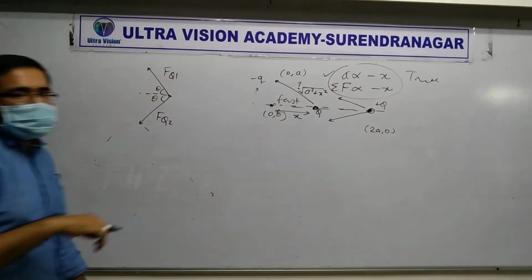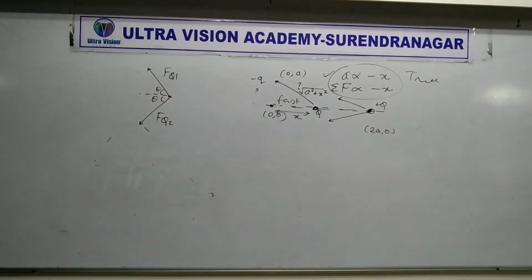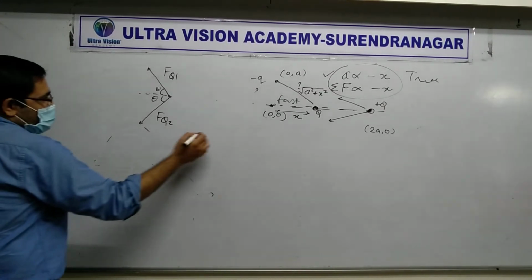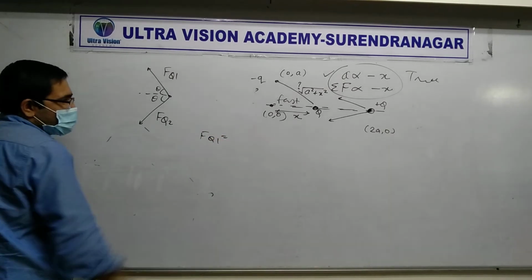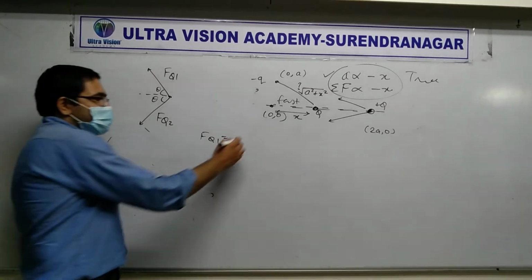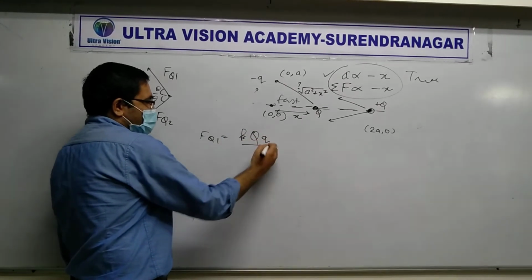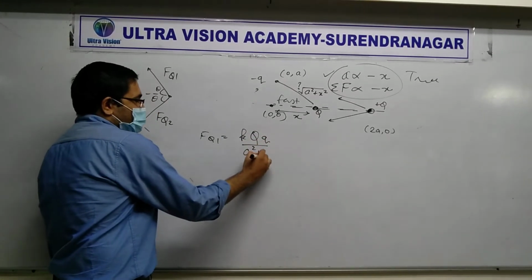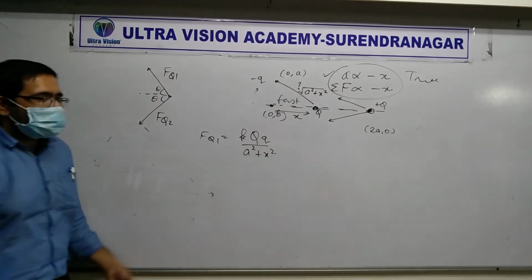I hope that is clear. So find Fq1. How much is Fq1? k Q q by a square plus x square.